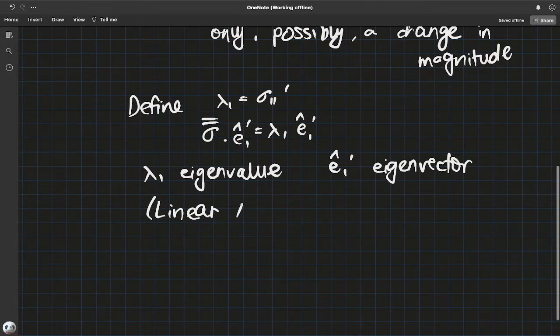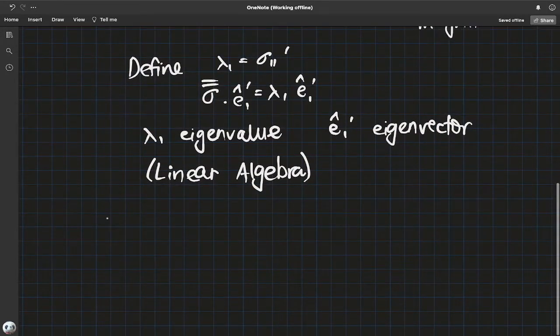Shouldn't be a surprise because we can represent rank 2 tensors as matrices, so it shouldn't come as a surprise that we can diagonalize or attempt to find eigenvalues and eigenvectors for that matrix. Please watch that video on eigenvalues and eigenvectors if you don't know what these things are.